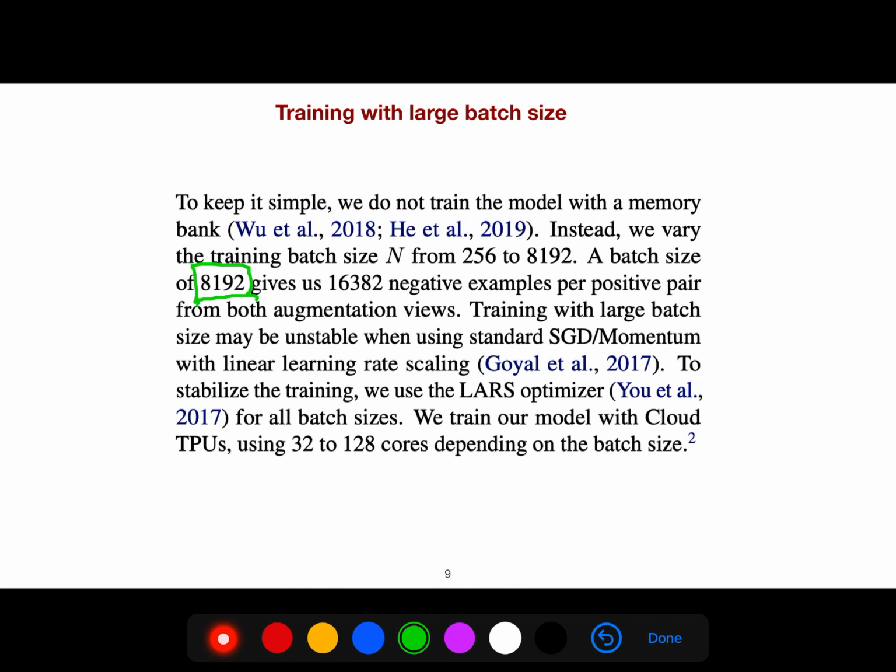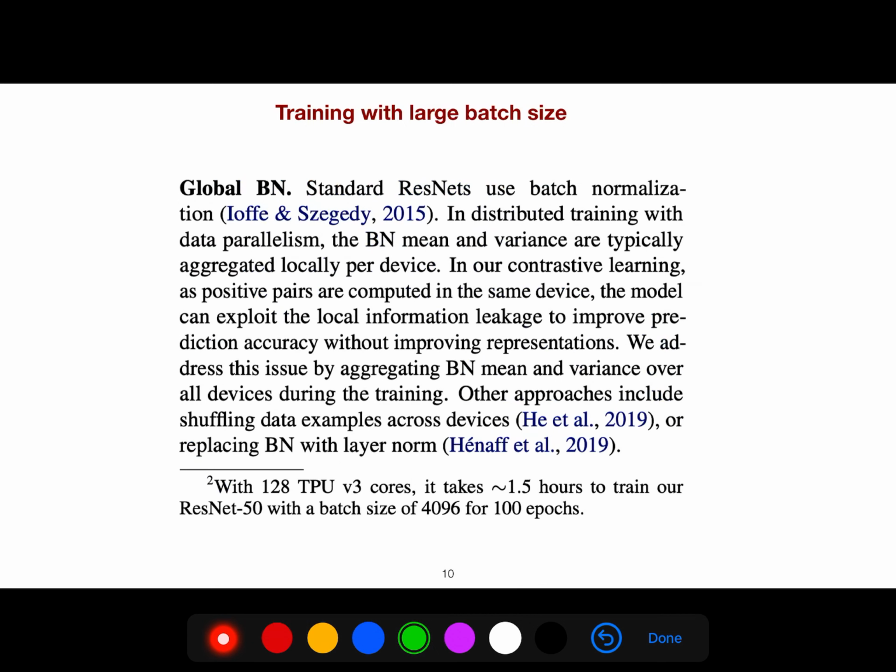Because the bigger your batch size, the more you have problems with RAM and many other things. So global BN. Standard ResNets use batch normalization in distributed training with data parallelism. The BN mean and variance are typically aggregated locally per device.